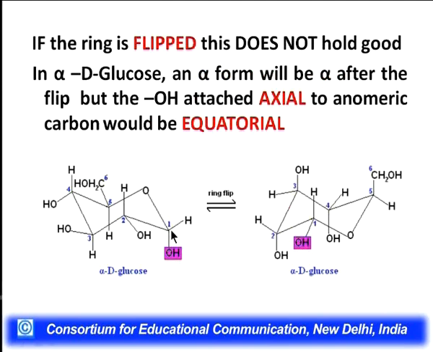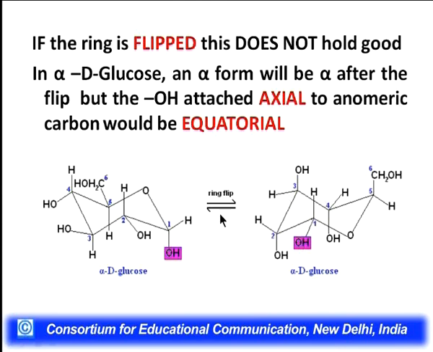That is what I am trying to say, is that in chair conformation, when we talk of the alpha form, the OH, anomeric OH, is at the axial form. But now supposing I flip the molecule, then what we find is this axial hydrogen becomes an equatorial hydrogen.